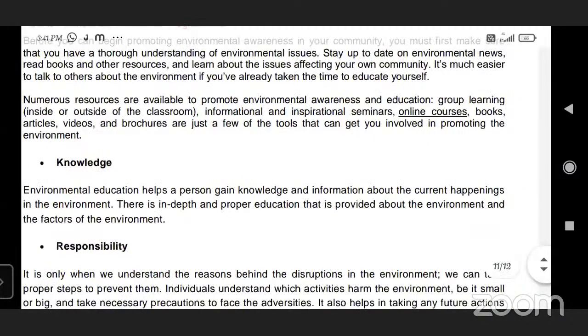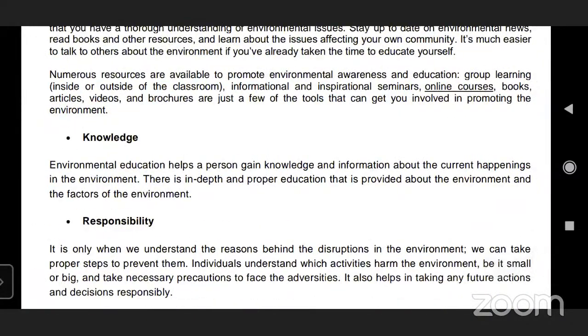So environmental education helps a person gain knowledge of information about the current happenings in the environment. There is in-depth and proper education provided about the environment and the factors of the environment.